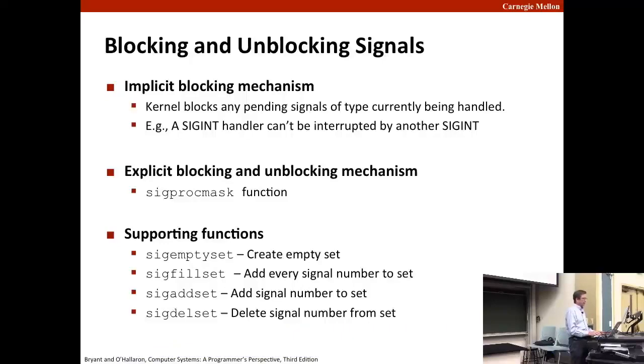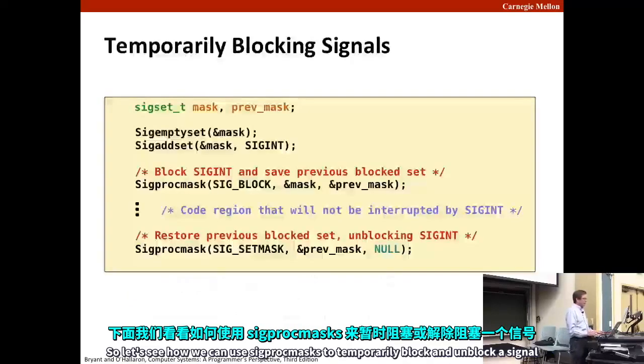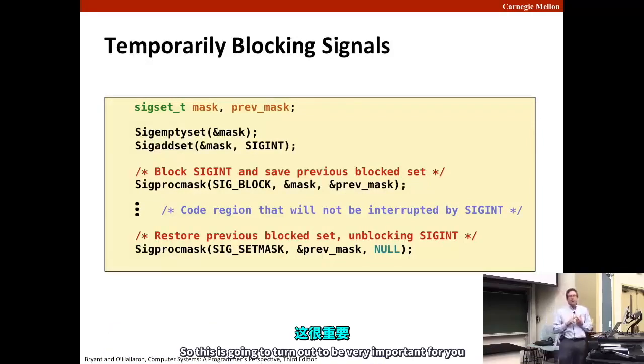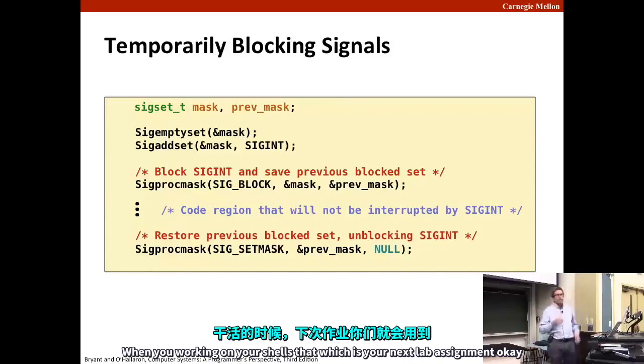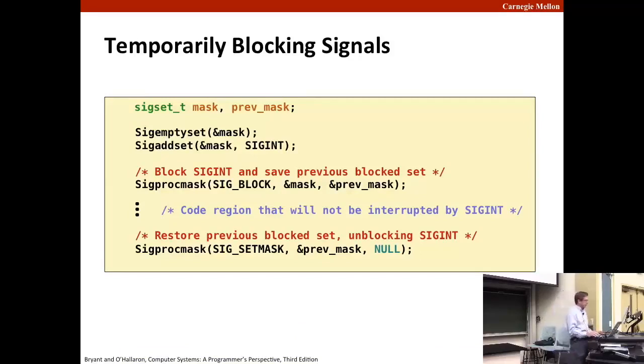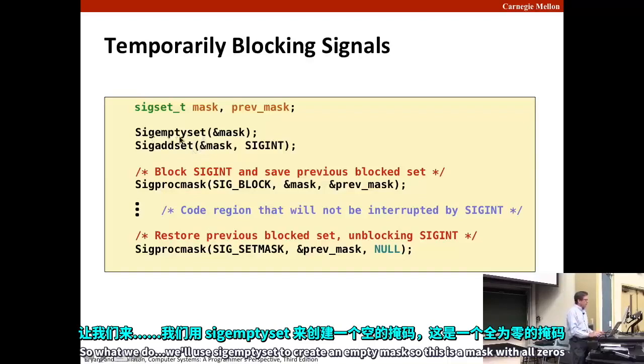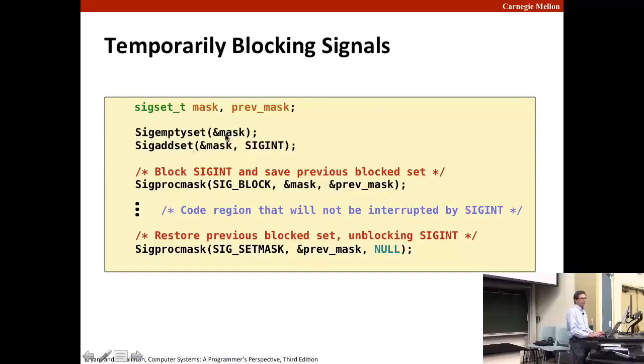So let's see how we can use sigprocmask to temporarily block and unblock a signal. This is going to turn out to be very important when you're working on your shells, which is your next lab assignment. So we'll use sigemptyset to create an empty mask, a mask with all zeros, with no elements in the set.